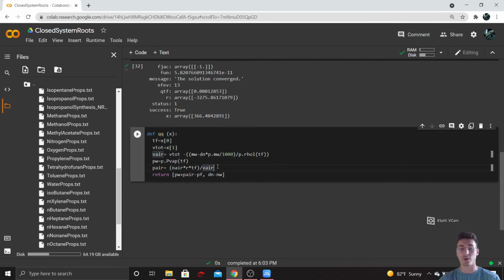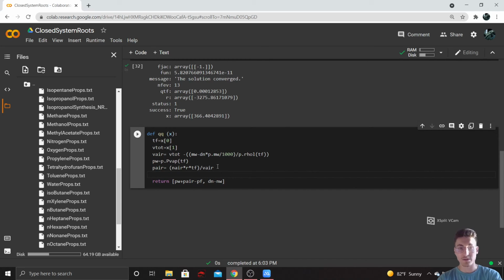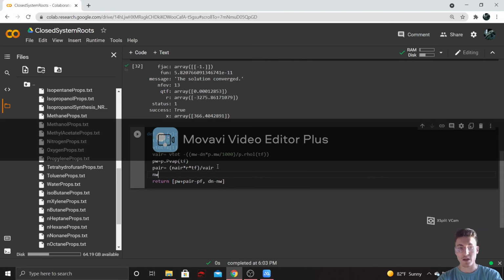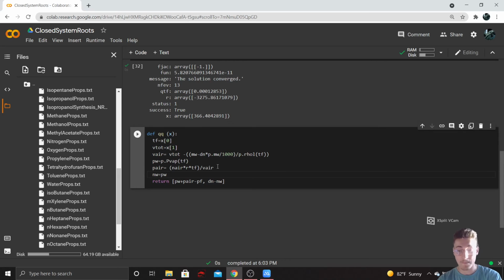So now we need a separate variable here to find the number of moles of water. So the number of moles of water is going to be the partial pressure of water, which we already have, divided by the volume of water.